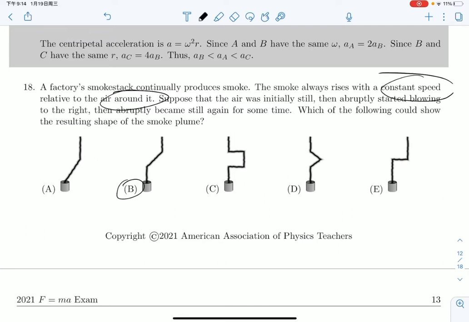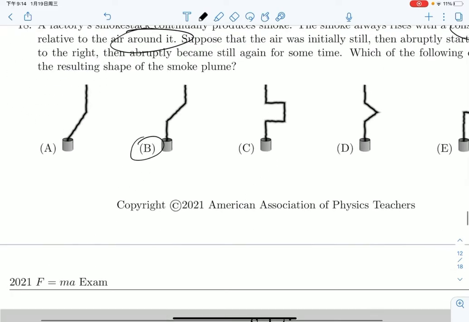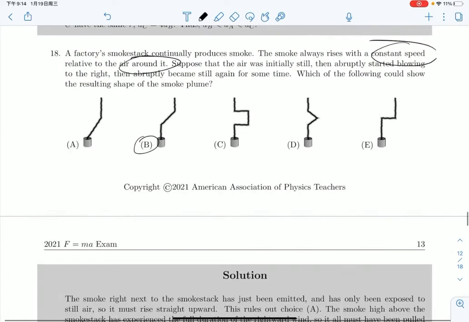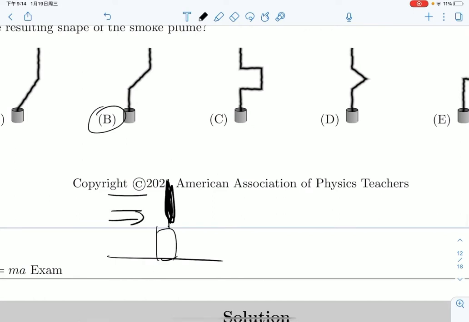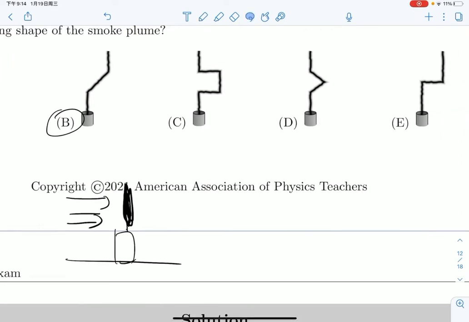Oh, I see why. If you have smoke over here, initially rising, and when the wind is blowing, all of this will move to that side. So at time t, it will just rise to here, and when it stops, it is right here.